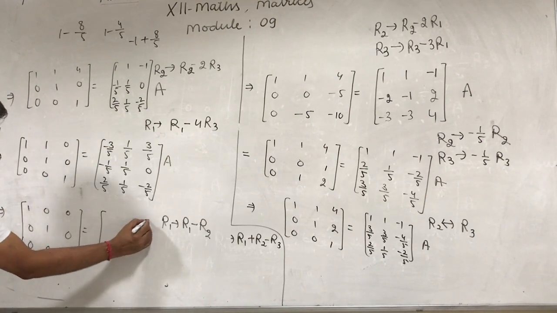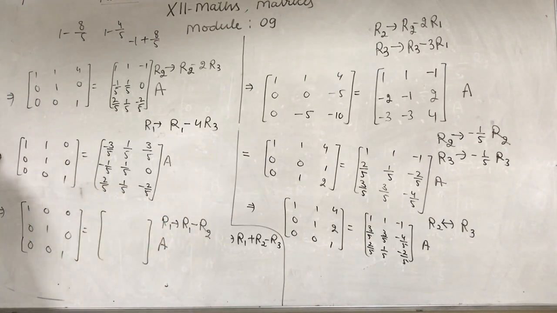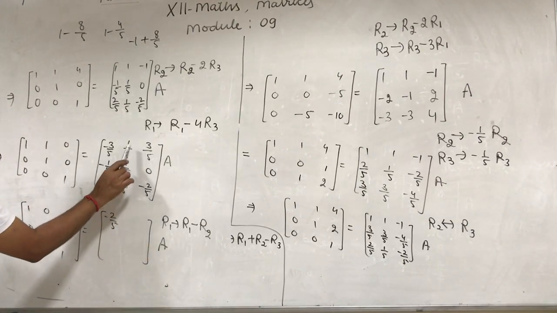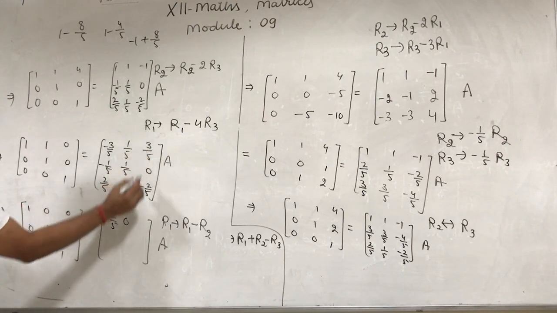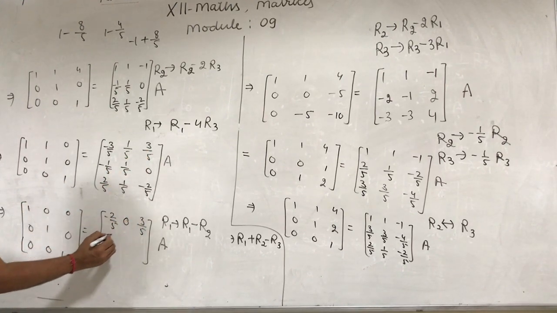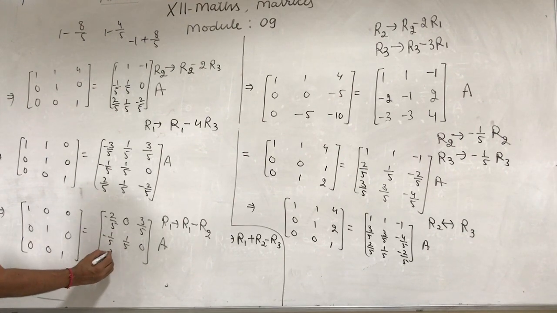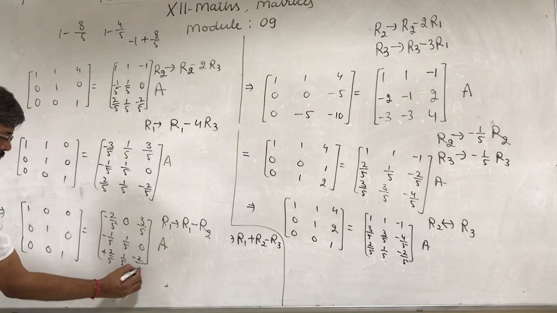And here R1 minus R2: minus 3 by 5 plus 1 by 5, minus 2 by 5. Minus 1 by 5 minus 1 by 5, 0. And 3 by 5, minus 1 by 5, 1 by 5, 0. 2 by 5, 1 by 5, and minus 2 by 5.